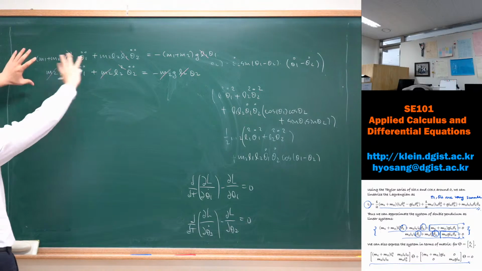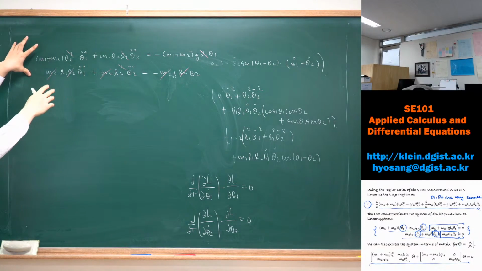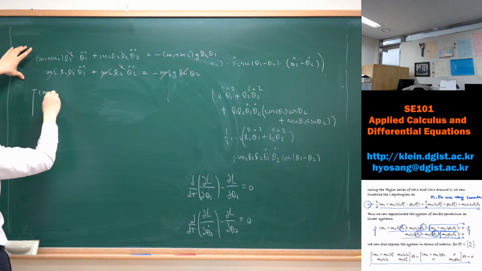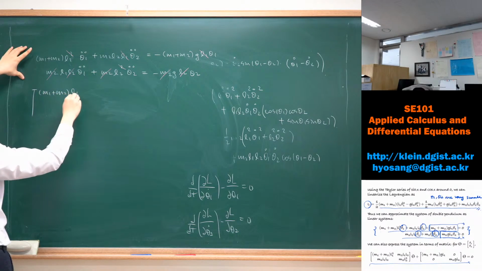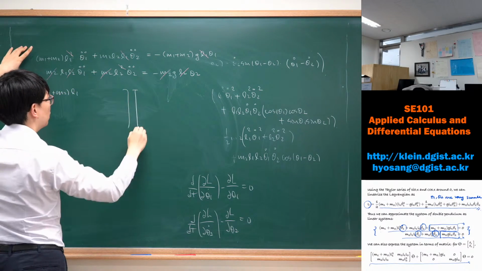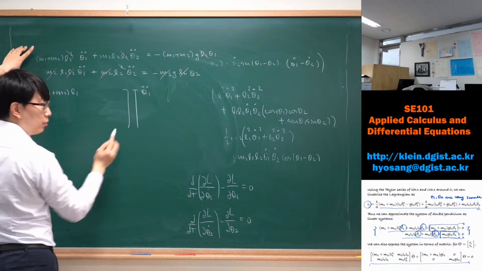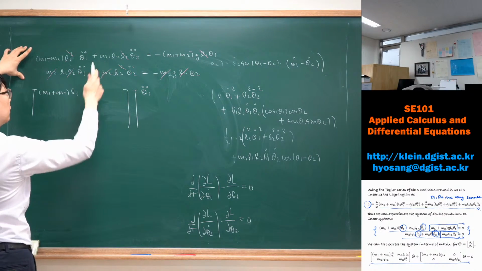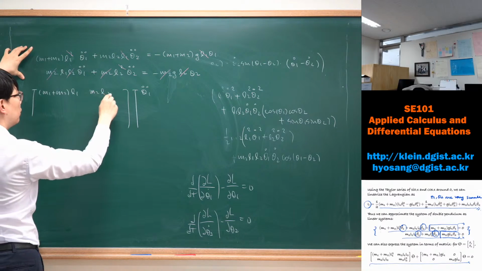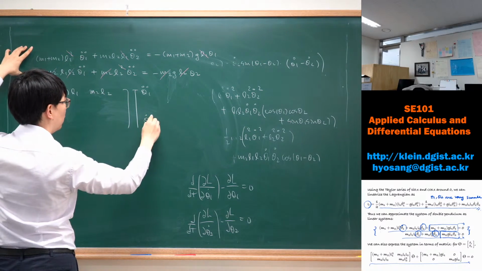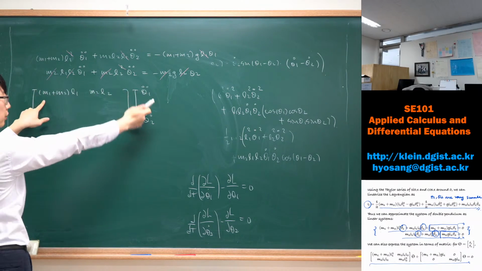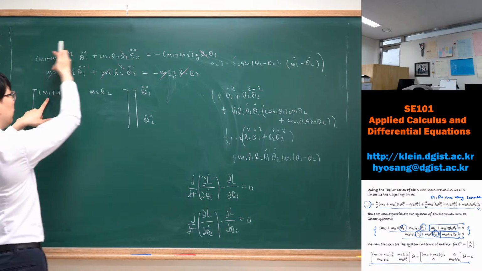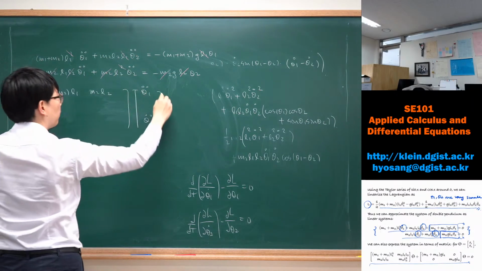So I'm going to write this system of equations in terms of matrix representation. So we have M1, M2, L1 applying to zeta 1 double prime, and then M2, L2 has zeta 2 double prime. When you compute the first row of matrix multiplication, you get the left hand side of the first equation.